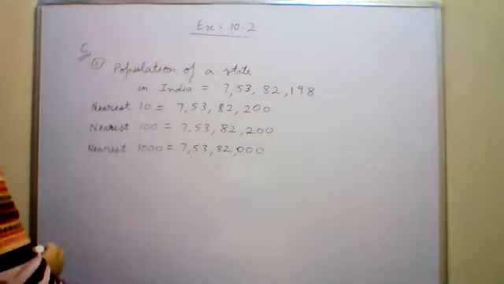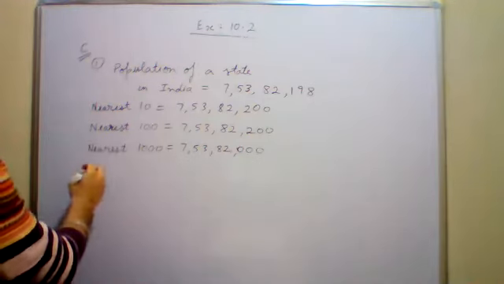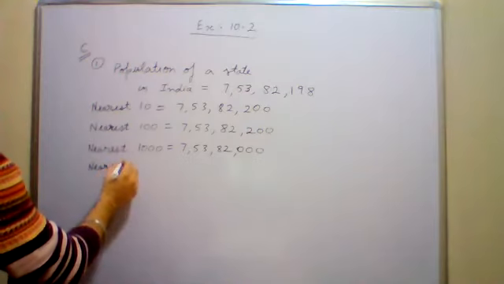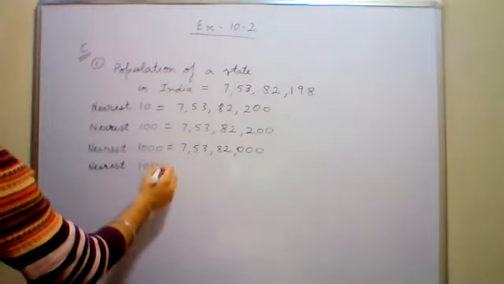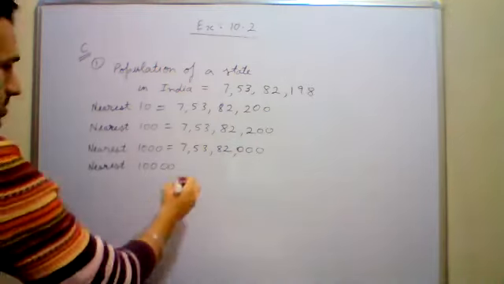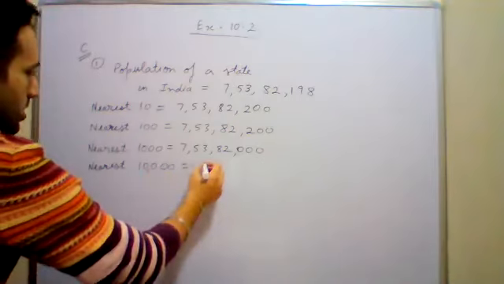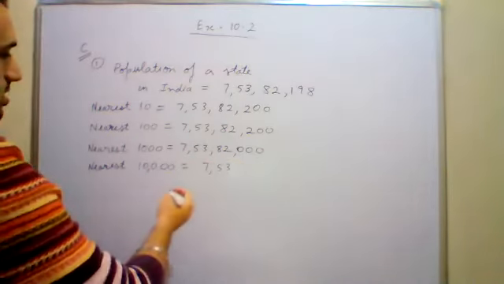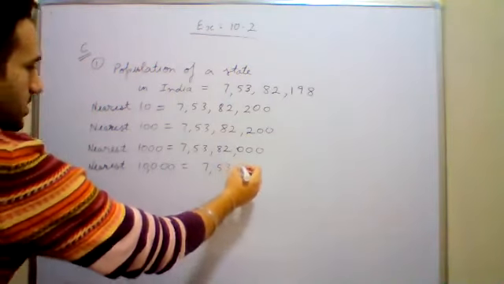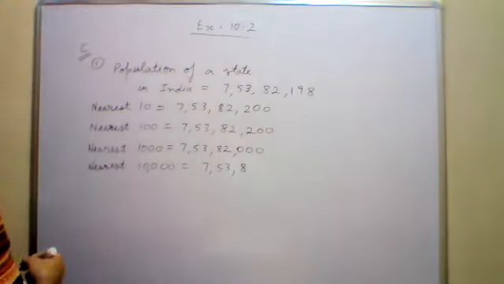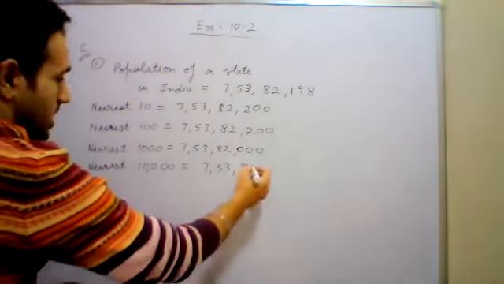Then nearest 10,000. What will it be in nearest 10,000? The answer will be 7,53 lakh 80, so it becomes 80,000.